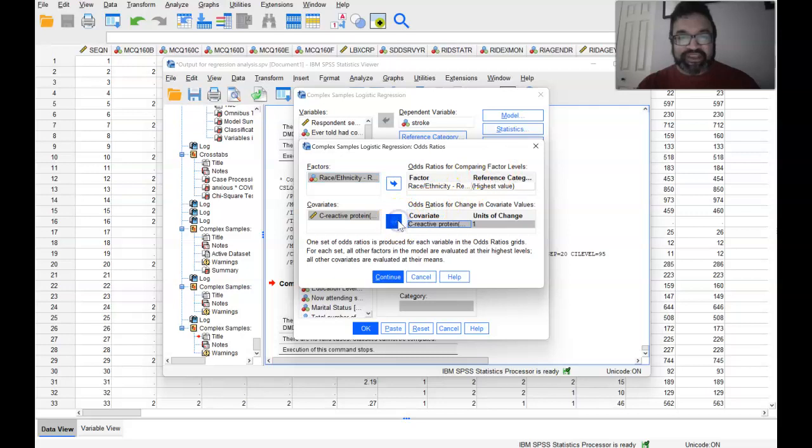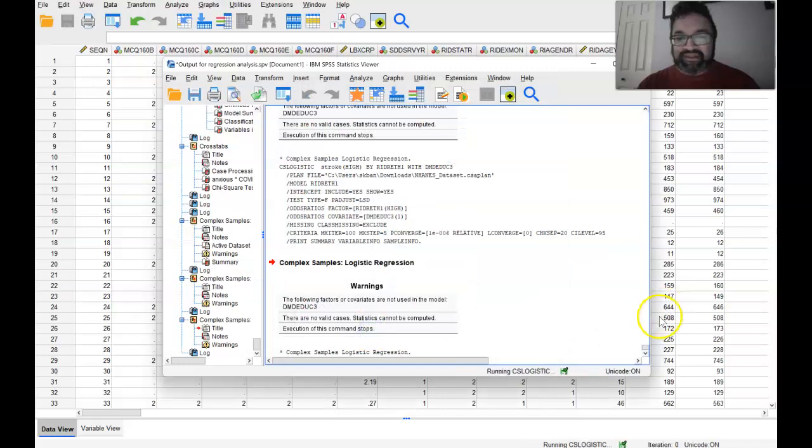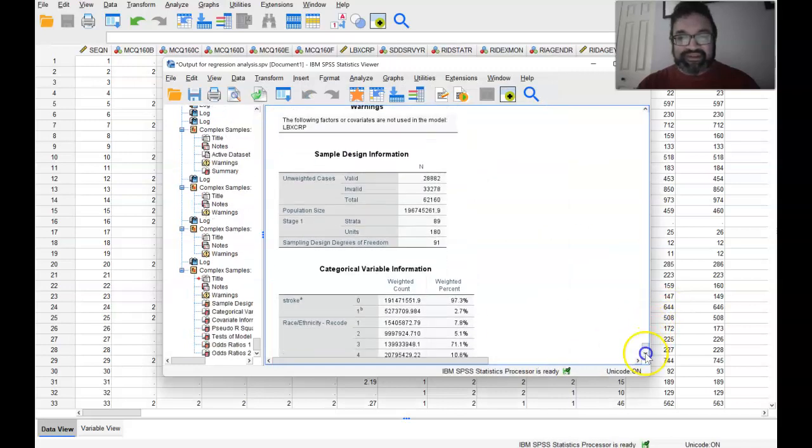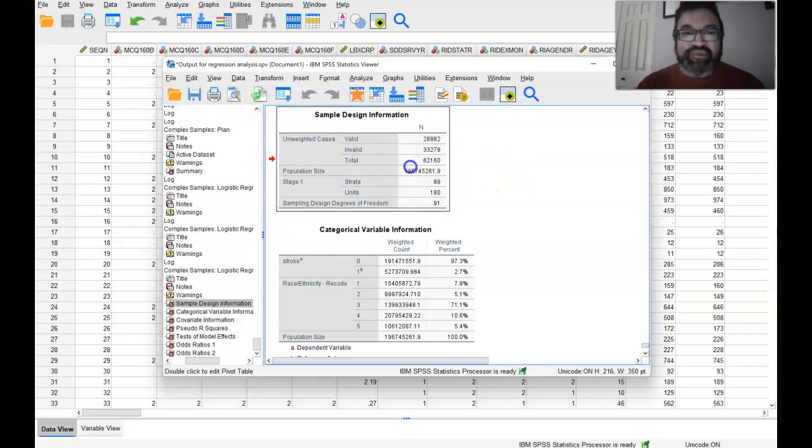So let's make sure that this is included within the model, and then we can see if the model is run. In fact, it did run this time, and this was a good exercise because we're able to see how your output would look. The population size is the weighted population size.